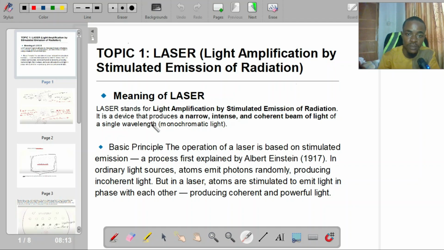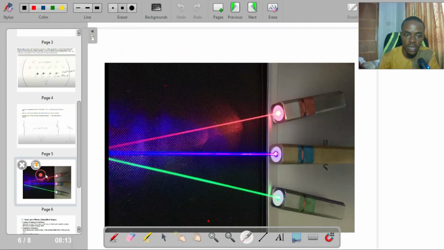It is a device that produces a narrow, intense and coherent beam of light of a single wavelength. That is what I show you. This single beam of light makes it monochromatic.